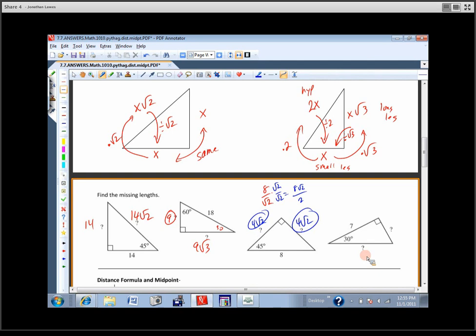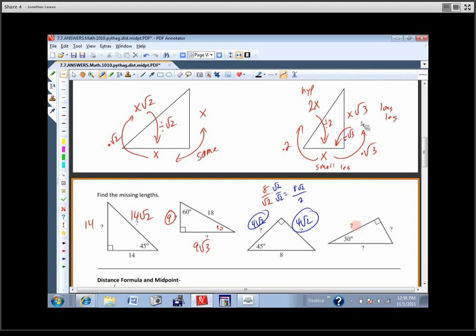Okay, would you fill in the blanks here, please? Remember, everything on a 30, 60, 90 has to go through the short leg. What one did they give us?